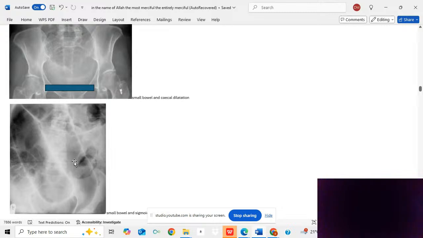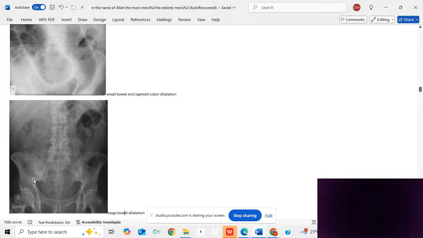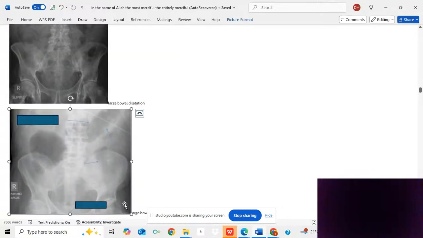Okay, so this is a small and large bowel dilatation. Here, peripherally located bowel loops, large bowel dilatation. Can you see this bowel loop tends to spare the lower two lumbar? Okay, so this is large bowel dilatation and cecal dilatation.